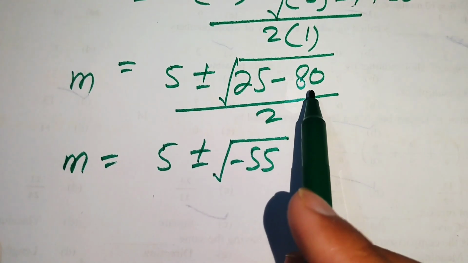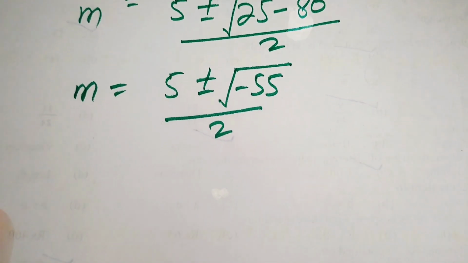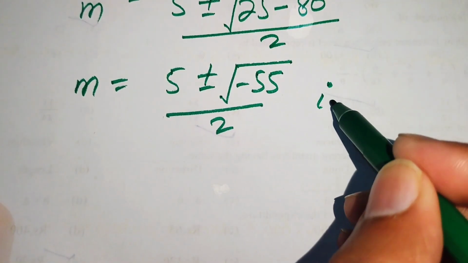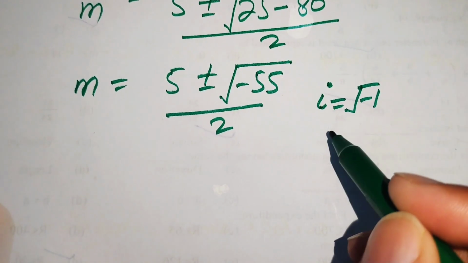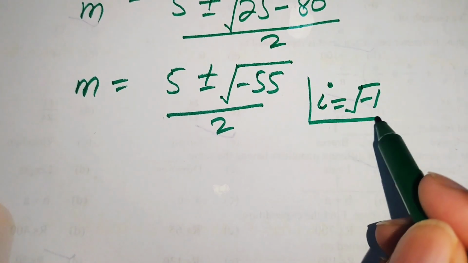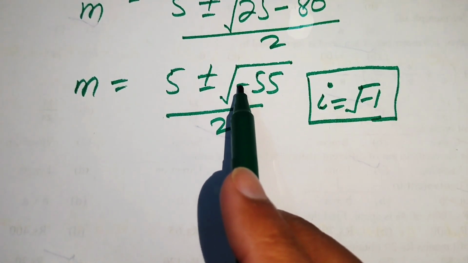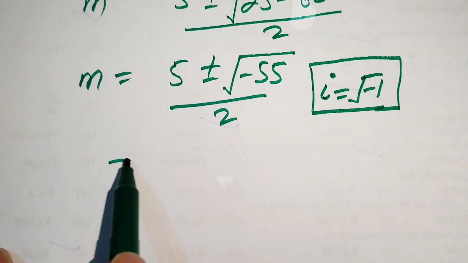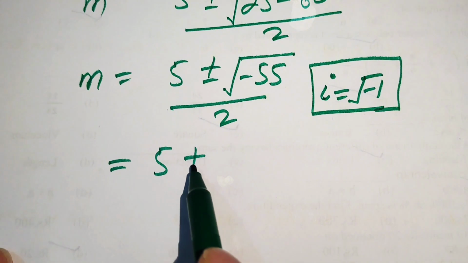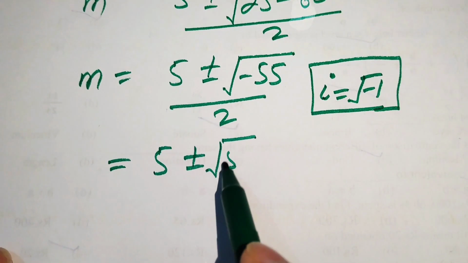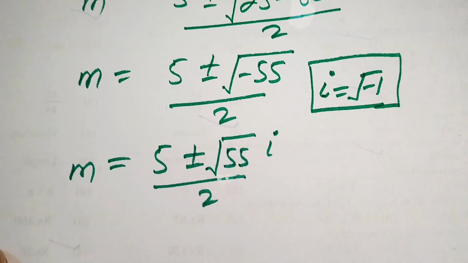When you subtract 25 minus 80, you get minus 55, and it is divided by 2. Here you know that iota equals the square root of minus 1, so we use this value of iota. Because we have the negative sign inside the square root, we put the square root of minus 1 equals iota, and it is written as 5 plus minus square root of 55 times iota, divided by 2.